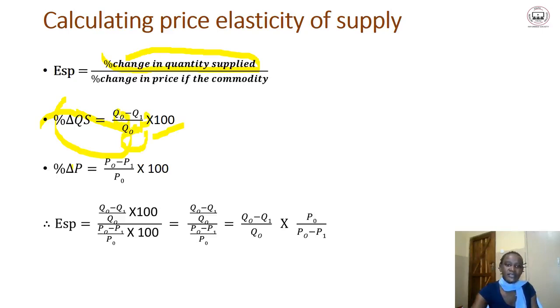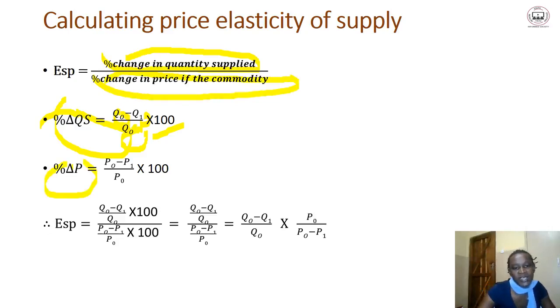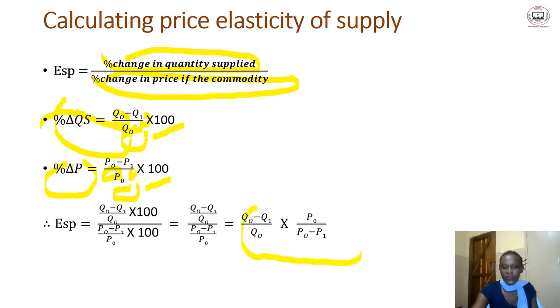The same applies to percentage change in price of the commodity. It will be equal to original price minus new price divided by original price times 100. So we'll end up with the same last equation which we formulated when we were calculating price elasticity of demand.